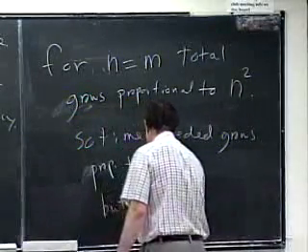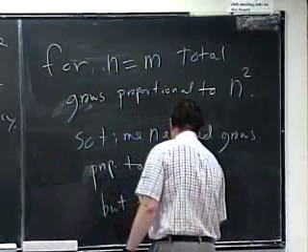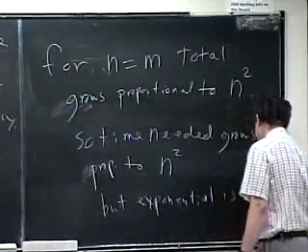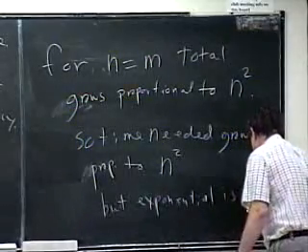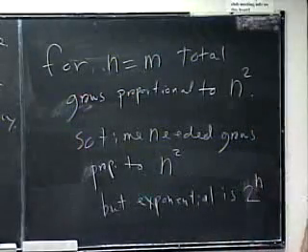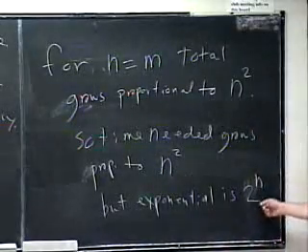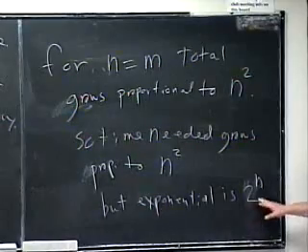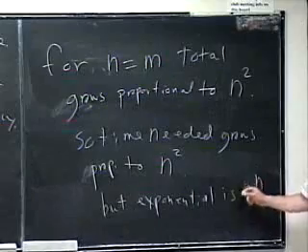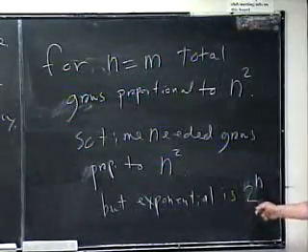But exponential is something like, I'll just simplify it, 2 to the n. Okay? And actually, the analysis I wrote up in the notes shows that the number of alignments grows faster than 2 to the n. This is actually kind of a conservative estimate.